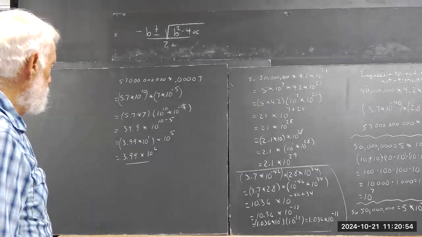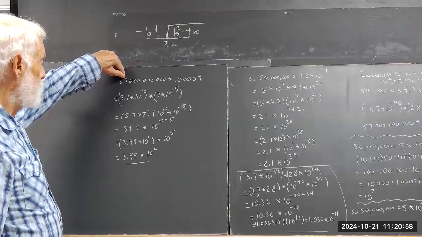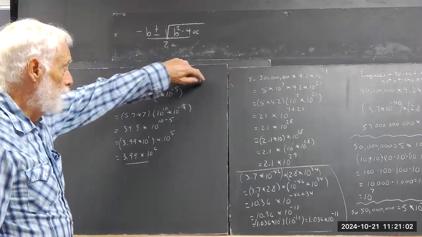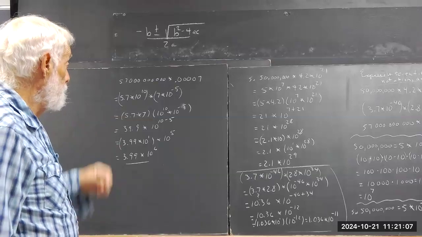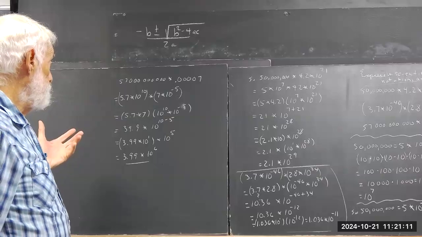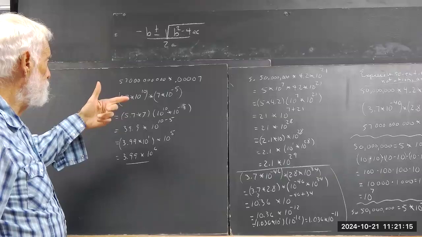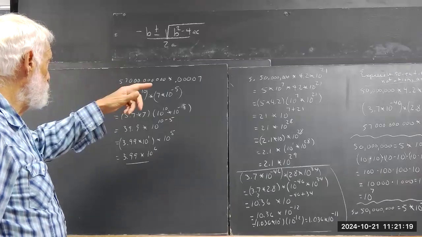Let's make sure that makes sense. I've got 10 decimal places here. I've got 5 decimal places to the right of the decimal point. And that's going to leave me like 3. Wait a minute, I'm not counting right.